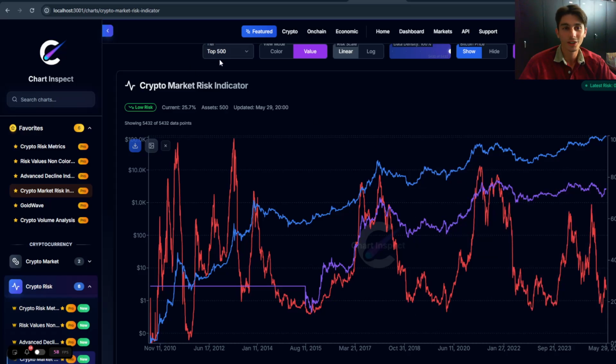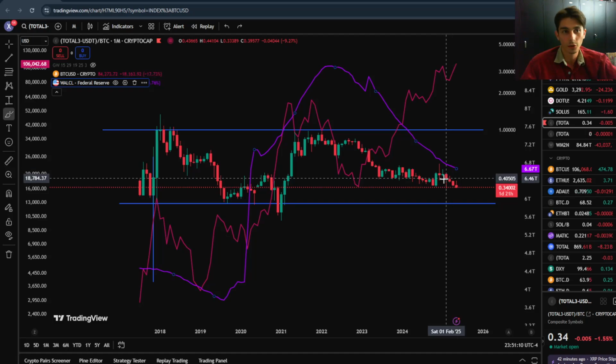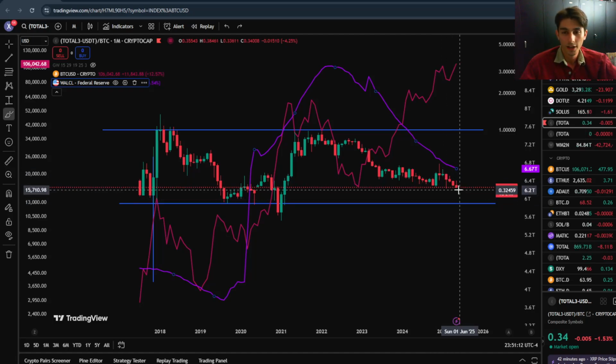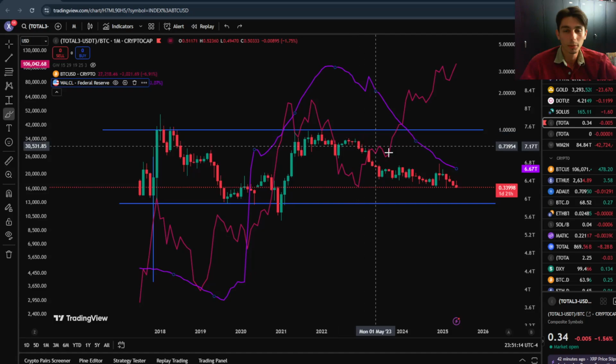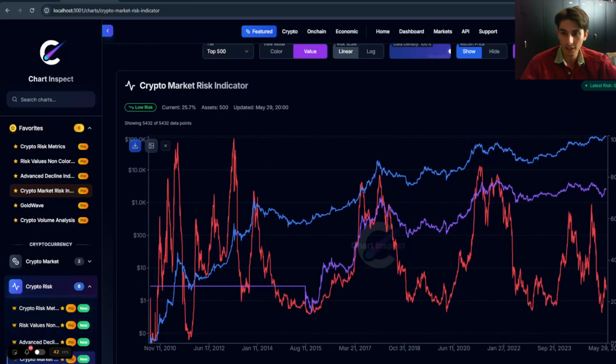And then if you consider the top 500 altcoins, we actually hit a new cycle low for this period in which the risk has essentially gone down. And this outlines what I was talking about. If you look at total 3 minus ETH by Bitcoin, you can see that altcoins have essentially been bleeding for the past 4 years against Bitcoin, and the risk levels show the same thing.